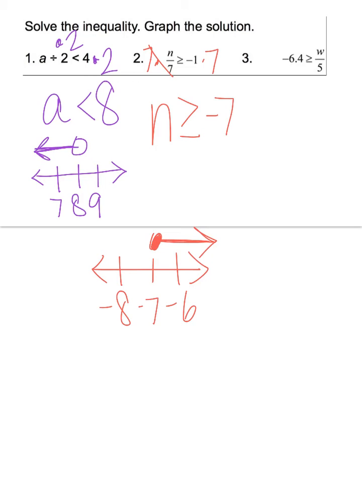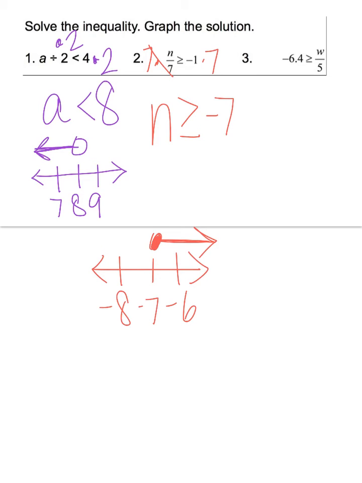And the last one, it says -6.4 is greater than or equal to W over 5. Now remember, we talked on Tuesday, the variable needs to be on the left side in order to graph.